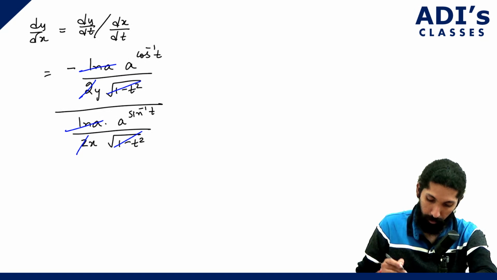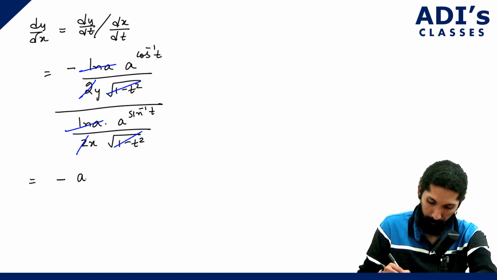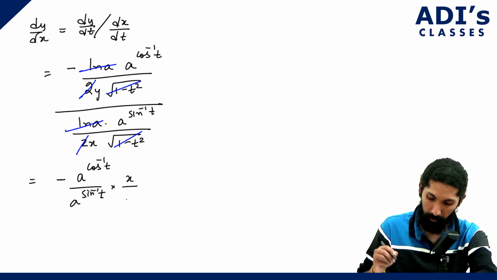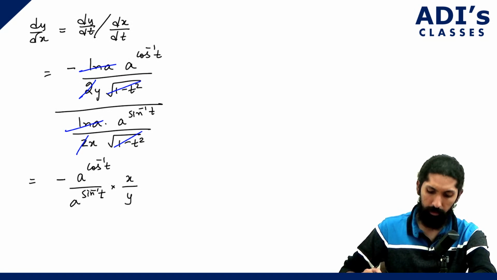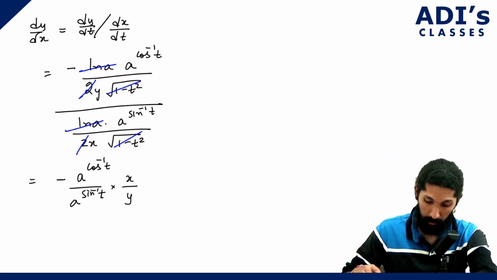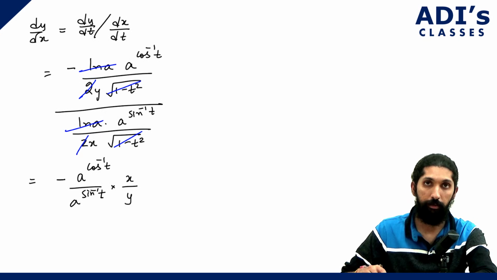So the next thing we need to do, you have minus a power cos inverse t by a power sine inverse t into x divided by y. Correct? The question: what is y square? Y square is nothing but a power cos inverse t. Isn't it?